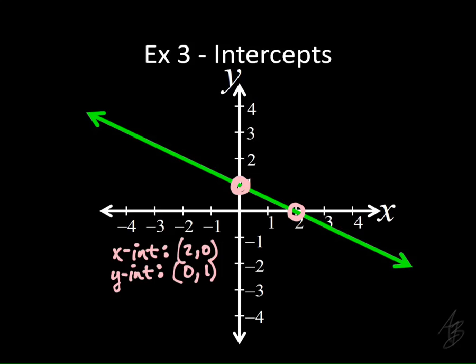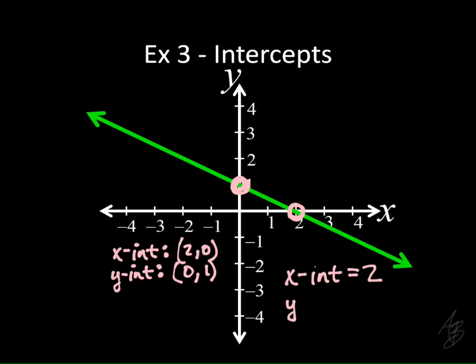Since the x-intercept always has a y equal to 0, and the y-intercept always has x equal to 0, we're going to write this a little bit shorter. We're just going to say the x-intercept is 2, and that's all we have to do. You don't have to say that y is 0. You don't have to write it as an ordered pair.